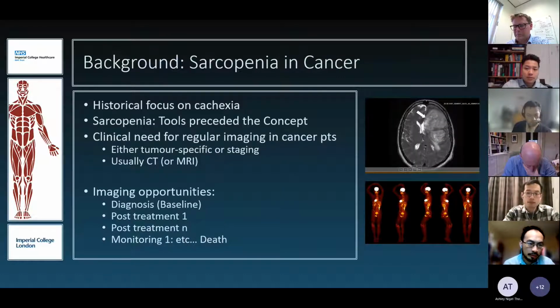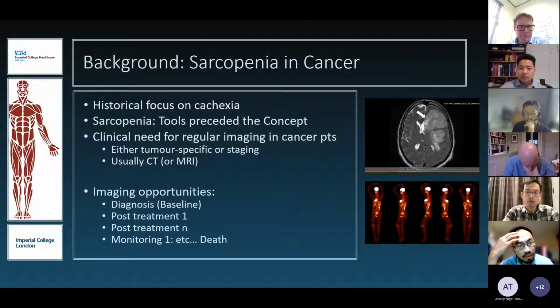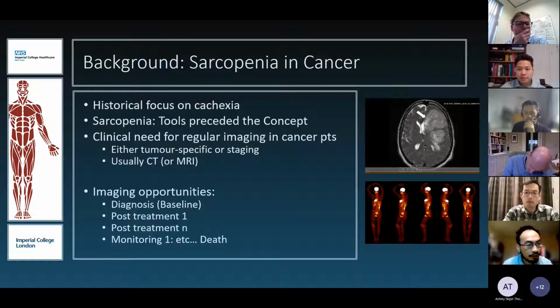From our perspective as oncologists, sarcopenia in cancer has historically been part of what we call the cachexia syndrome. This is the wasting that you see in cancer, especially in advanced cancer. It's not limited to muscle alone. You have wasting of a combination of muscle and fat mainly, and it's linked predominantly to weight loss.